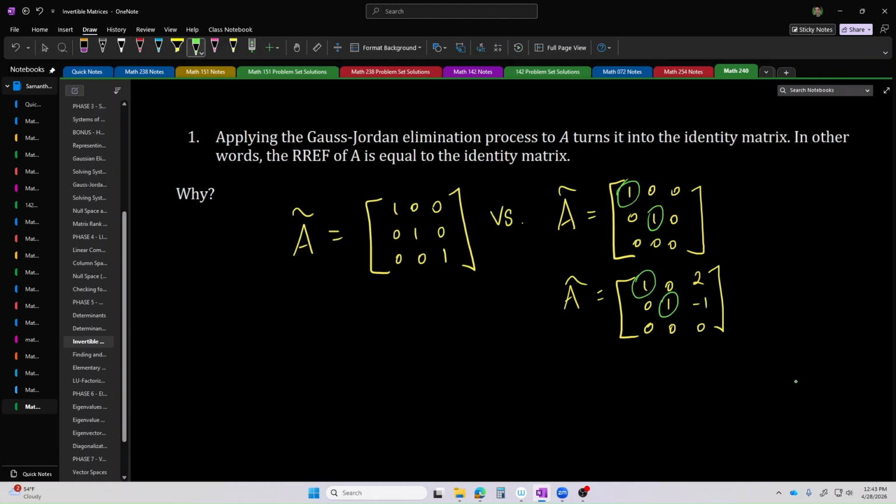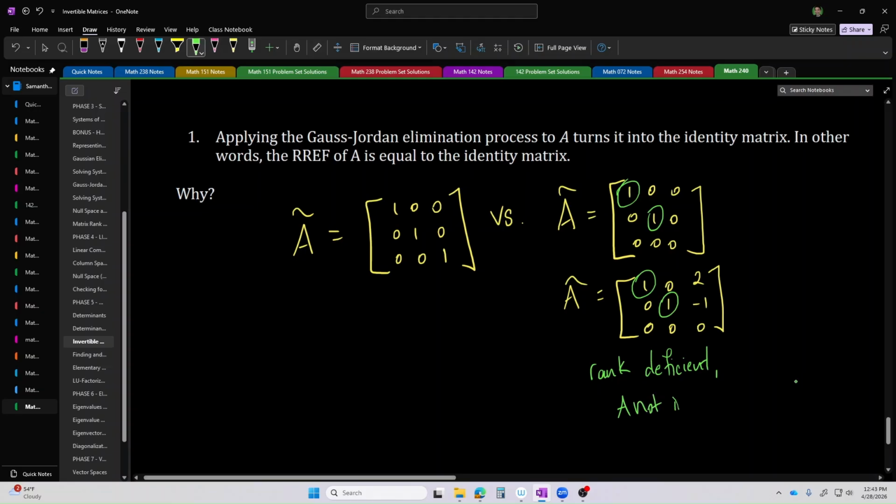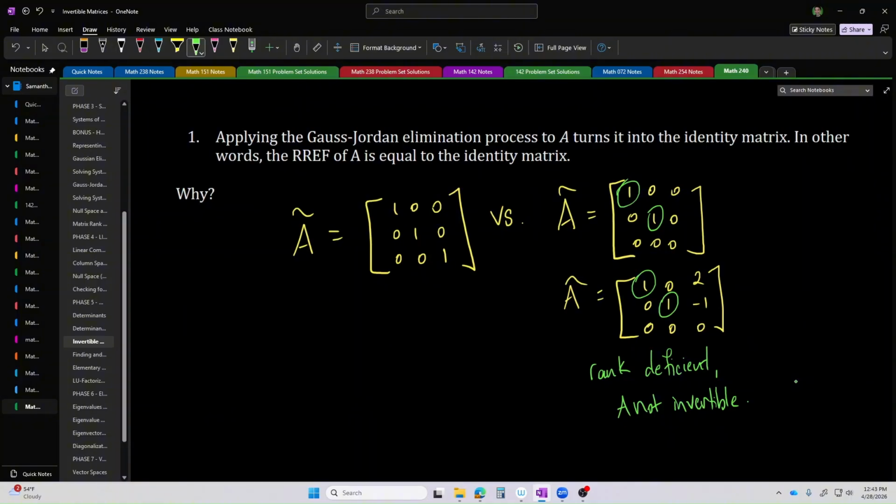So both of these are rank deficient. So the matrix A would not be invertible in this case. But by contrast, if you do row reduce your matrix and you get something that looks like the identity, then from this formation, you can see that this guy has full rank. So this would be invertible.